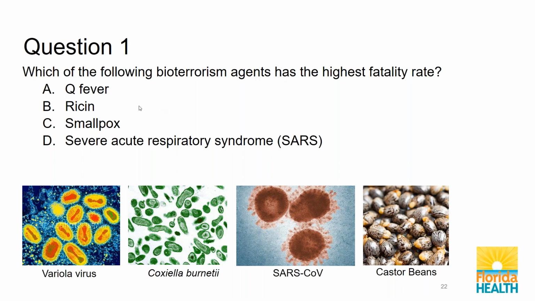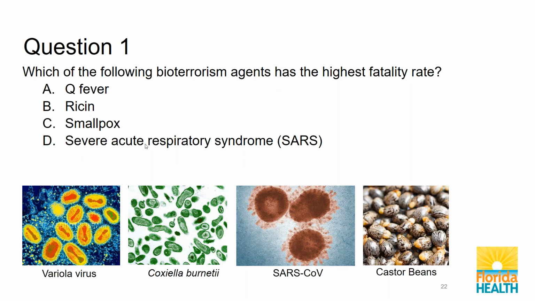I don't know the fatality rates for these pathogens off the top of my head. I cannot tell you that Q fever has a fatality rate of 20%, ricin has one of 60%. More than likely for the exam, you're not going to know that either. If you do, good for you, but if you don't, then you need to find ways to figure out the answer.